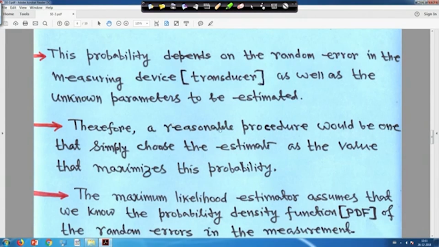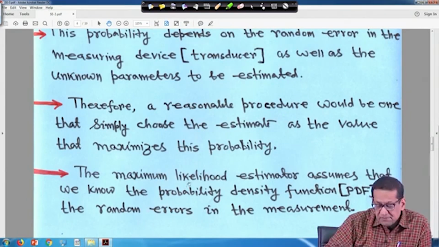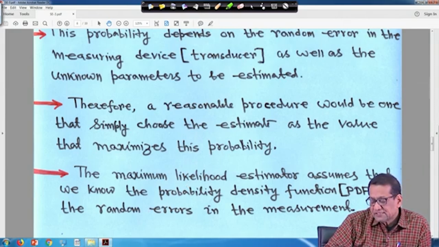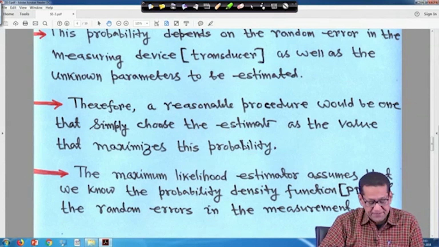Therefore, a reasonable procedure would be one that simply chooses the estimate as the value that maximizes the probability, right. The maximum likelihood estimator assumes that we know the probability density function, that is called PDF, of the random errors in the measurement.